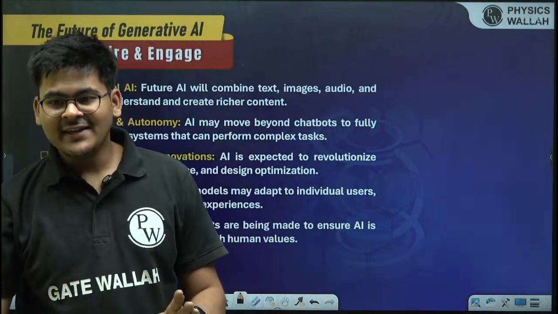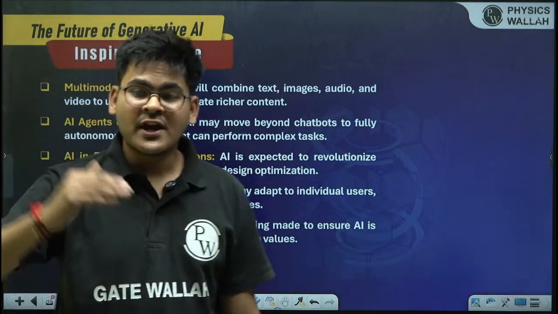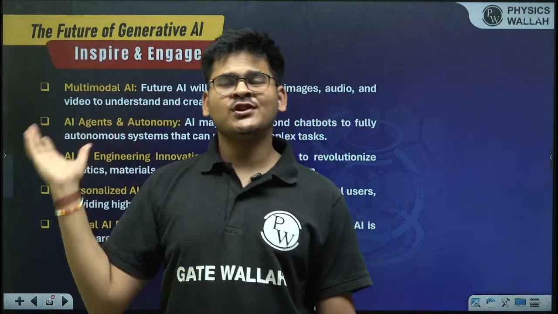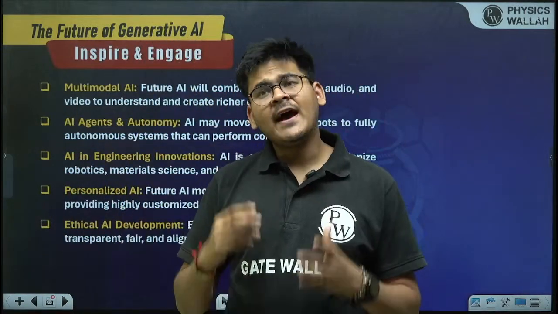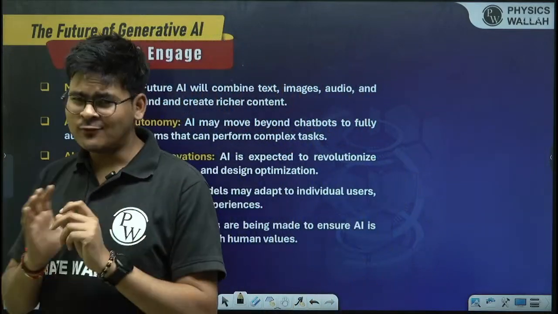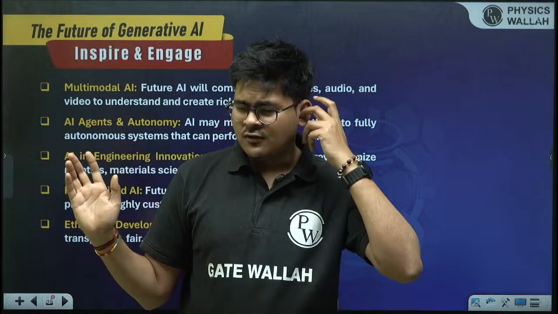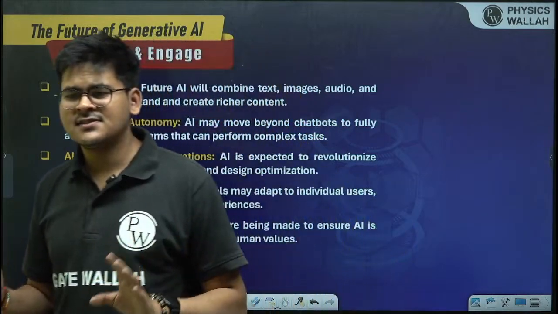AI agents are actually doing the same thing. It is well beyond chatbots. Now, no one is talking about chatbots. Everyone wants an AI agent. An AI agent is like you give it so many inputs and it will automatically decide what to do with those inputs. You have to tell it certain instructions, but not as many as for a chatbot.